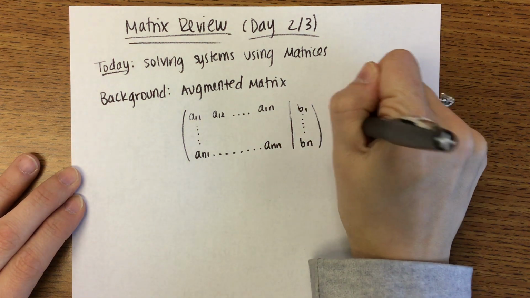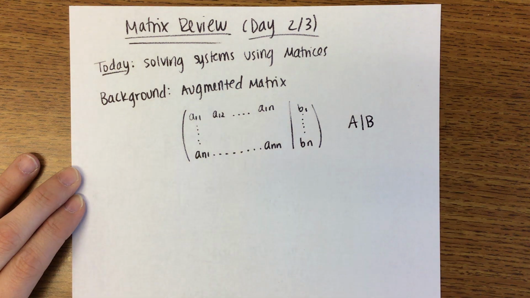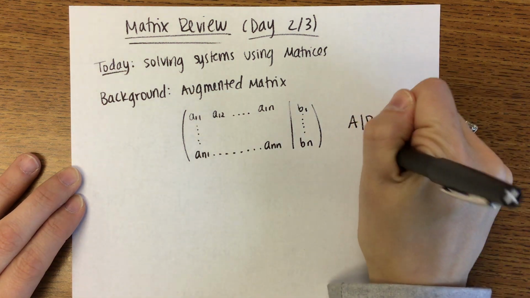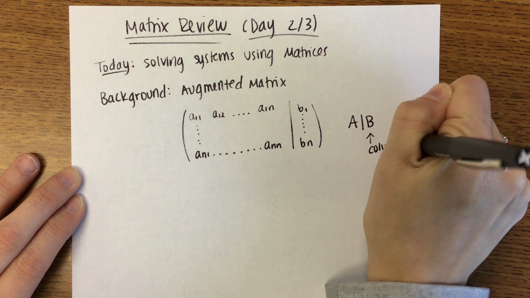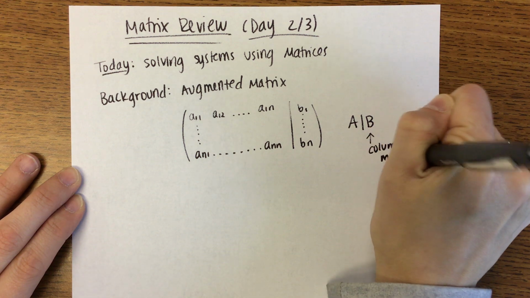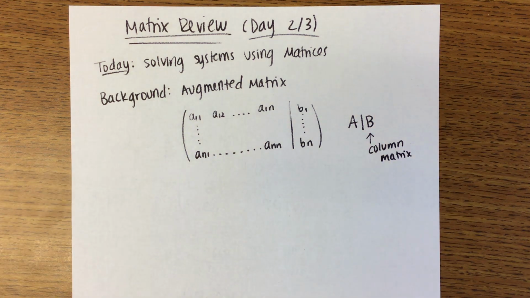The notation for that is like this, B being the column matrix. So we're going to be using these augmented matrices when we solve today. You all have seen that before when you've done RREF in the past.